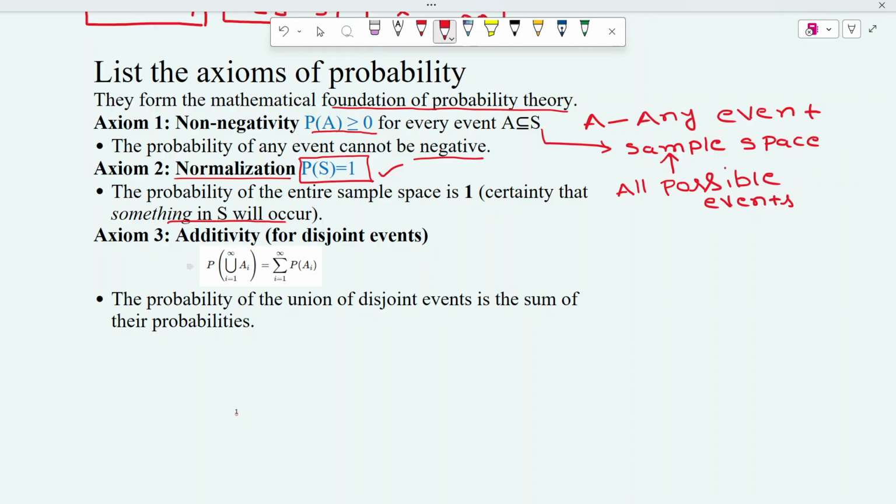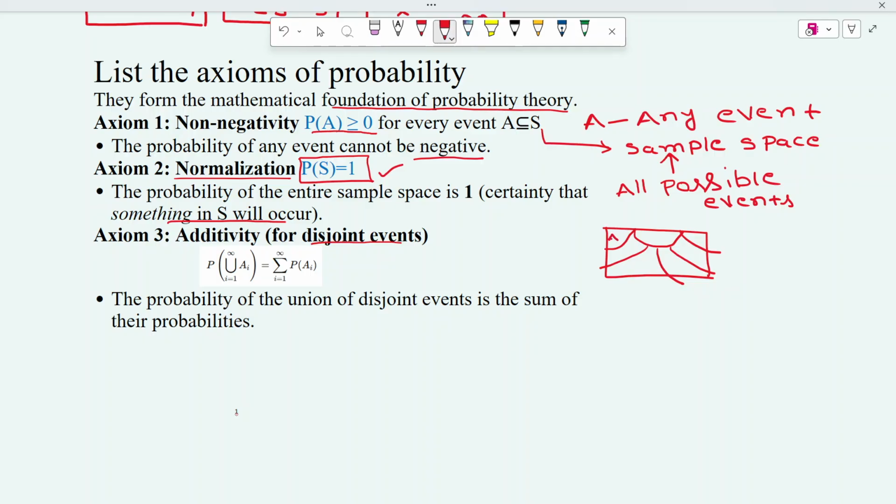And the third axiom is called additivity. This is for disjoint events. The important thing to remember is that it is for all the disjoint events in the sample space. If you take the sample space, disjoint events means they don't have any common area, any common intersection.